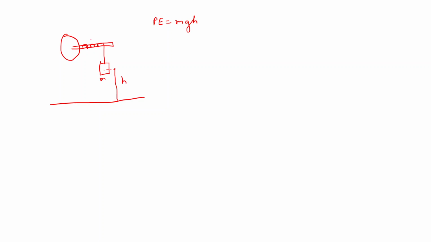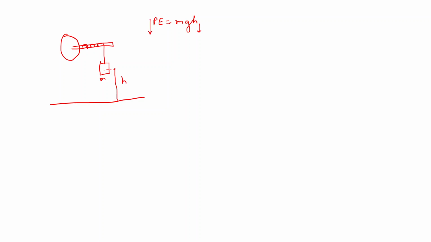Right now only this energy is in the picture, but as soon as we leave the mass, because it's not tied, it will start coming down and the turns will start opening. When it starts coming down, h decreases, which means the potential energy will decrease.